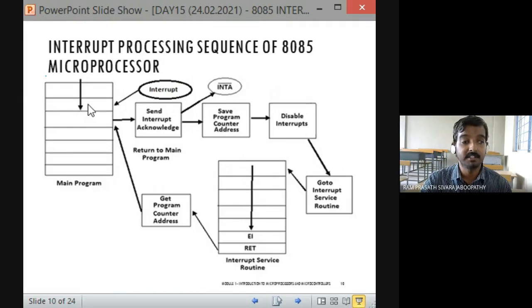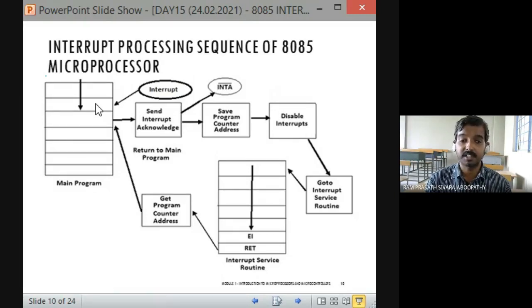At this point of time, the interrupt occurs. What the CPU will do is complete the current executing instruction first. When an interrupt comes while an instruction is executing, the CPU will complete the execution of the current instruction. Is it clear or not?